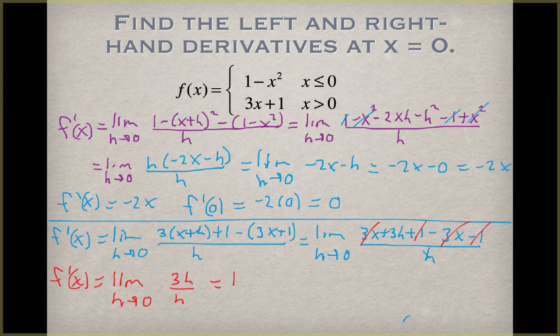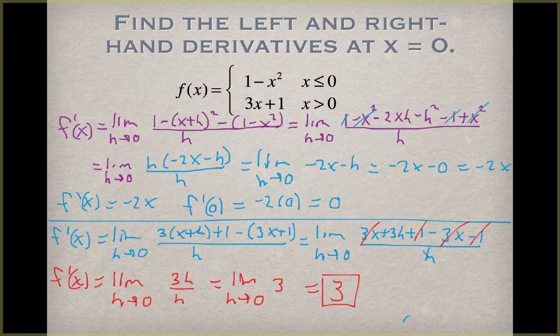Simplify that, and we get the limit as h approaches 0 of 3, which is just 3. Left-hand derivative is 0, and our right-hand derivative is 3. And the two derivatives don't match, so we cannot find a derivative at 0 on this problem because the left and right-hand derivatives do not match.